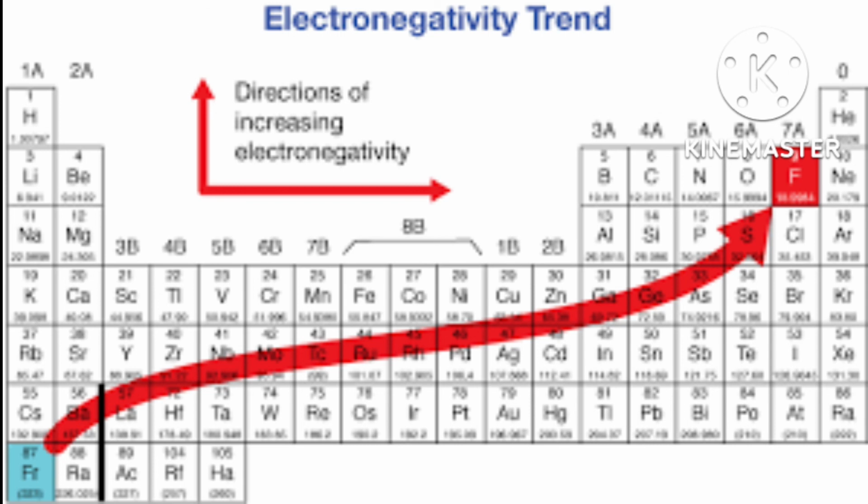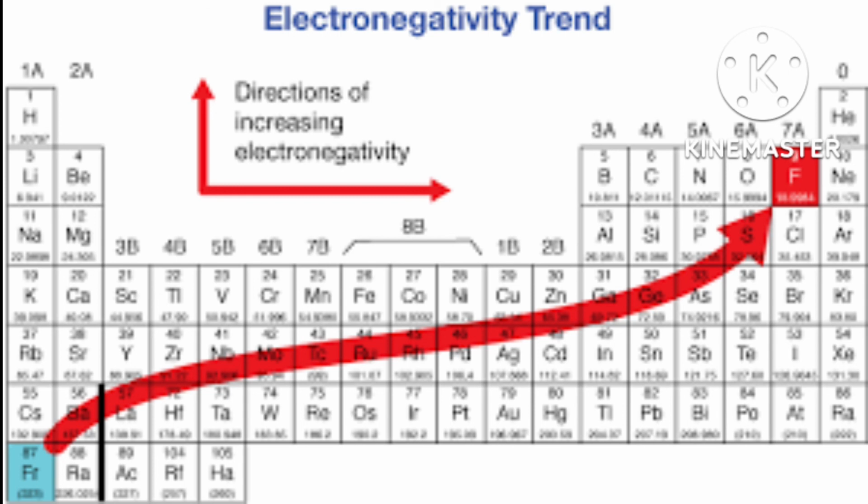The attraction between the outer electron in the outermost orbit, or valence electron, and the nucleus increases as the atomic radius decreases in a period.